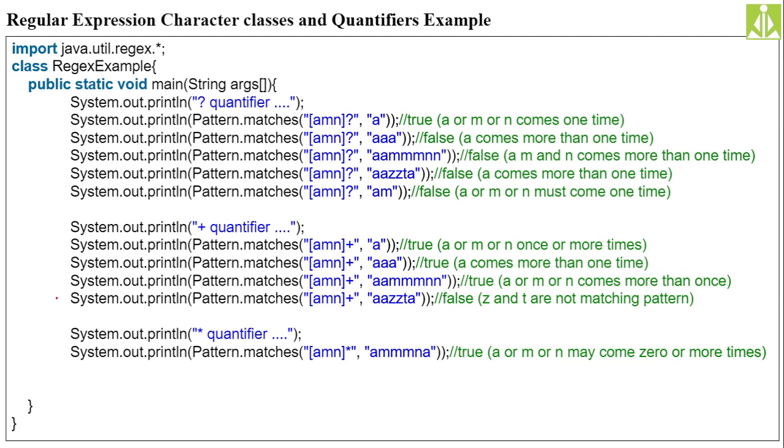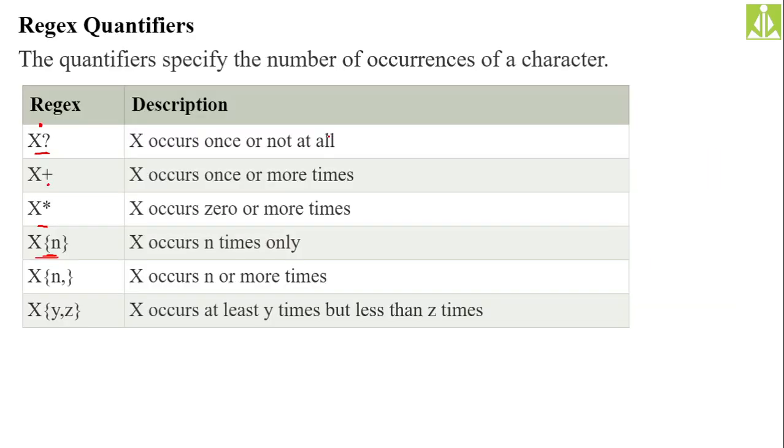So over here we are taking [AMN]. Okay, what we are saying, [AMN]? in the sense any one character from these must occur either once or none. So over here A is occurring once, so this is true. Over here A is occurring more than once. Okay, question mark means what? Here you see, question mark means once or not at all.